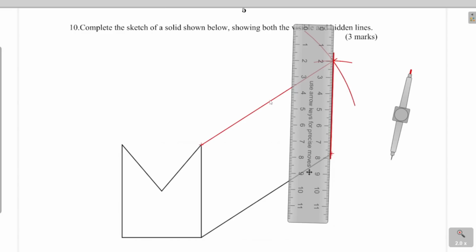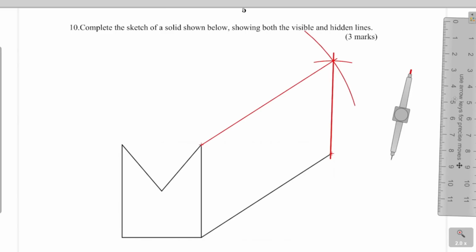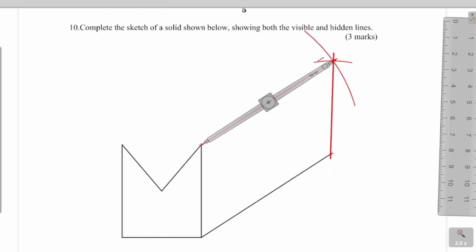Then from there, the next one that you need to get is the hidden ones. So you need also to take this measurement here. From this point, you take the whole of this measurement. At that point, you transfer that to stand at this point.